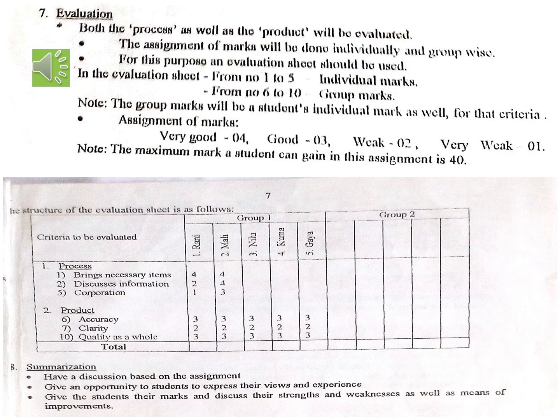Cooperation, that's also 1, very weak, right? That's the individual mark. Now if we take Mala, she also has brought everything, 4 out of 4. Then discusses information, yes, very active, right? Discusses with the others and does things, right? 4. Then cooperation is also 3, doesn't fight.